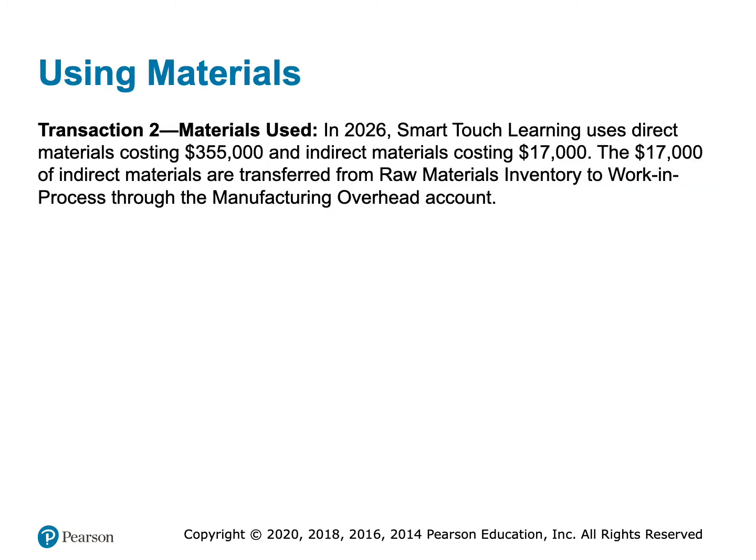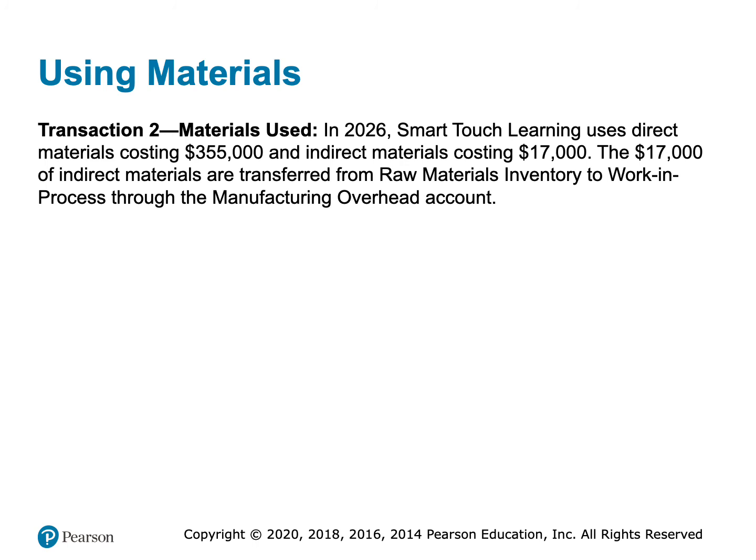Now, transaction two, we're told that we used some materials. So we had bought all these materials, they're sitting in our warehouse, we go and get them and use them. We're told that we used direct materials that had a cost of $355,000, and indirect materials cost $17,000.